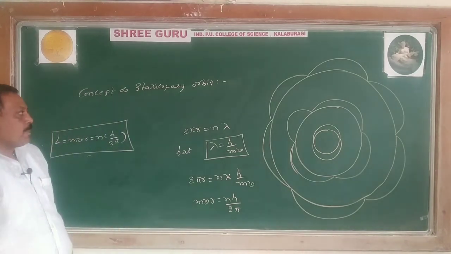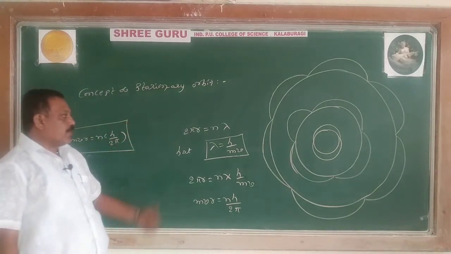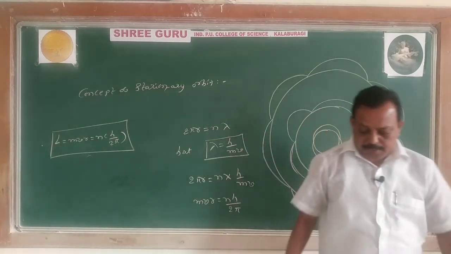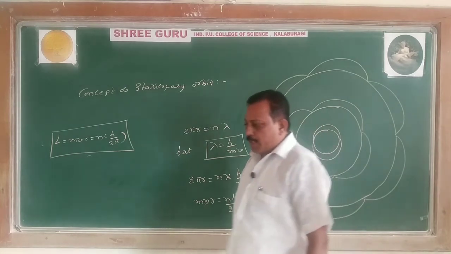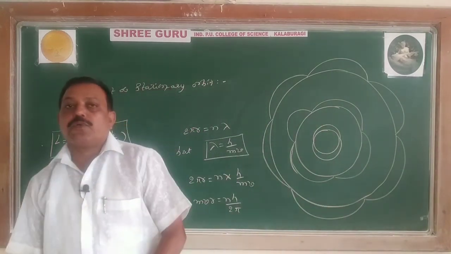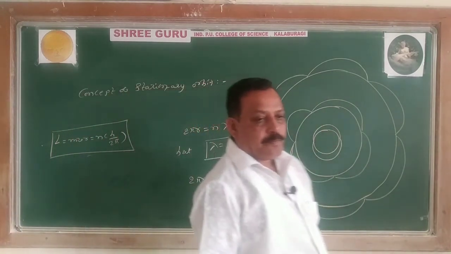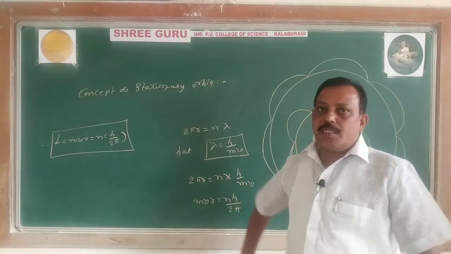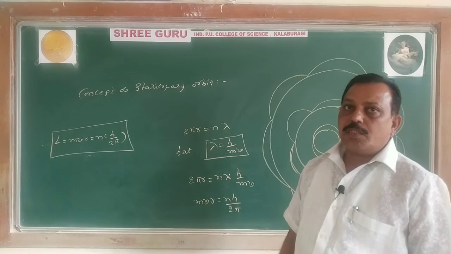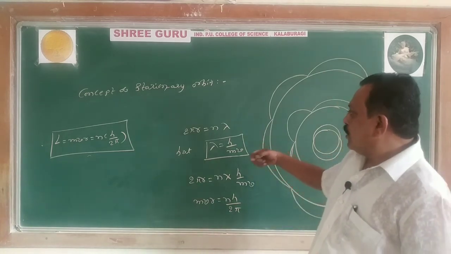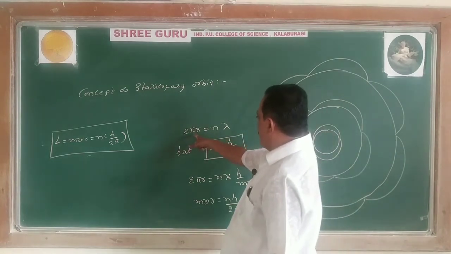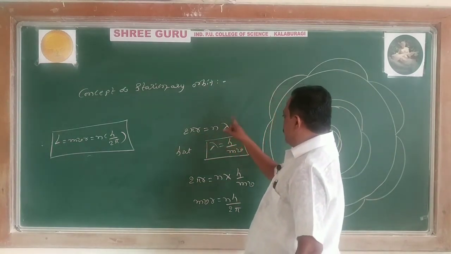So de Broglie used the concept of the stationary orbit. When the electrons are revolving around the nucleus, he takes the concept of what? The matter waves or pilot waves. They are associated with stationary waves around the orbit. So the circumference of the electron's orbit, 2 pi r, in a stationary orbit is equal to an integral multiple of wavelength lambda.